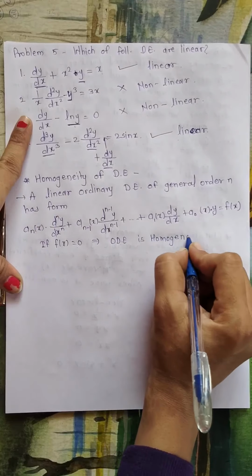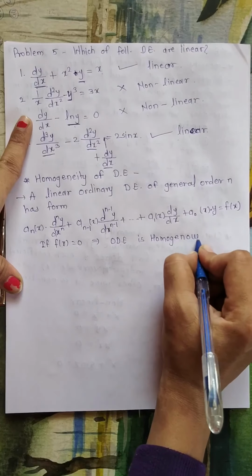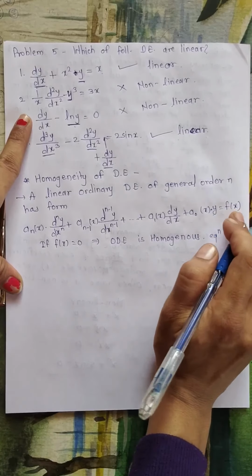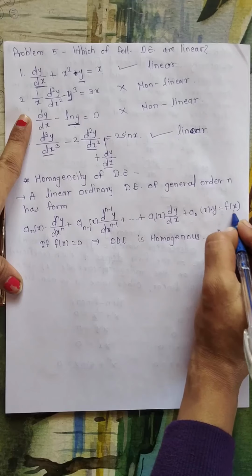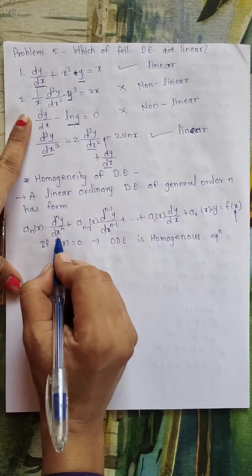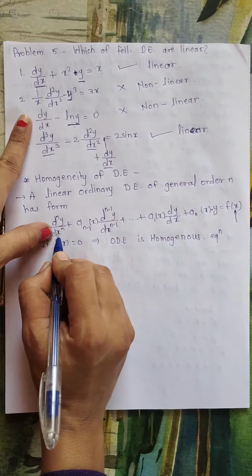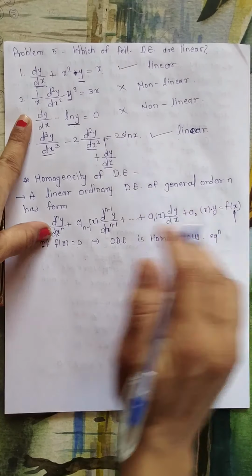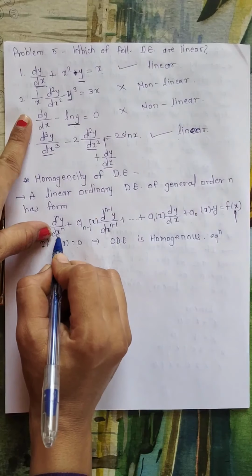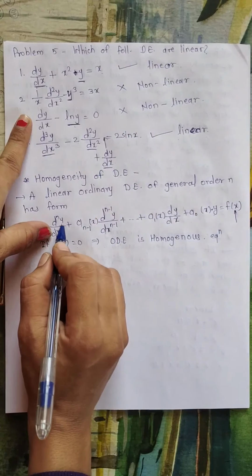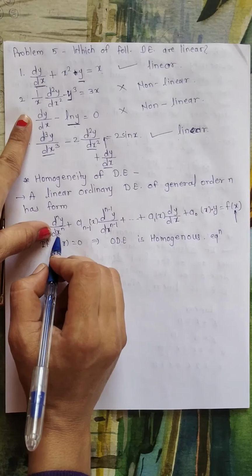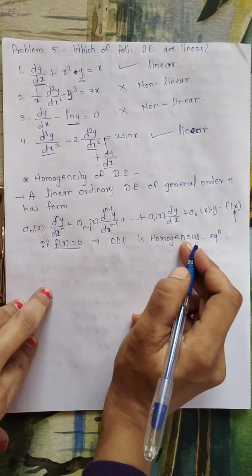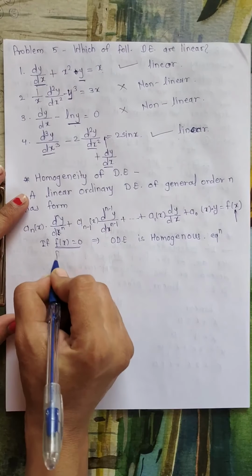Whenever the function f(x) on the RHS, that is a function of the independent variable, because the derivative is with respect to x, is 0, then that equation is said to be homogeneous.